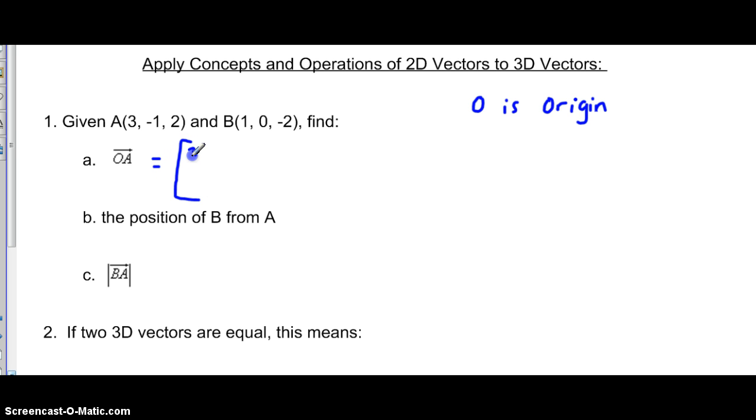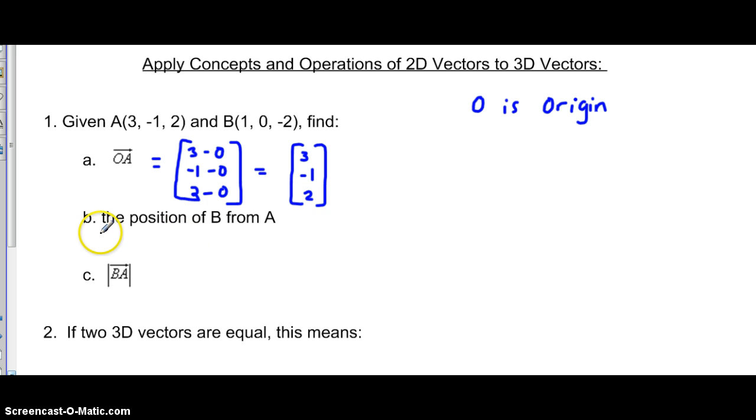It will be 3 minus 0, -1 minus 0, and 2 minus 0. So our vector OA has an x component of 3, a y component of -1, and a z component of 2. Our 3D vectors are written with x, y, and z, so you just add the z to the bottom of the 2D vectors you're used to.